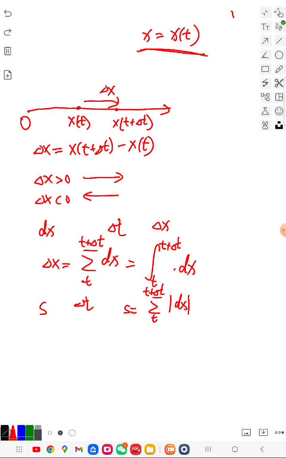But its distance is not zero, as it moved and moved back, right? We can write this as the integral from t to t plus delta t of the absolute value of dx. So we can always see that the distance must be larger than or equal to the absolute value of delta x.